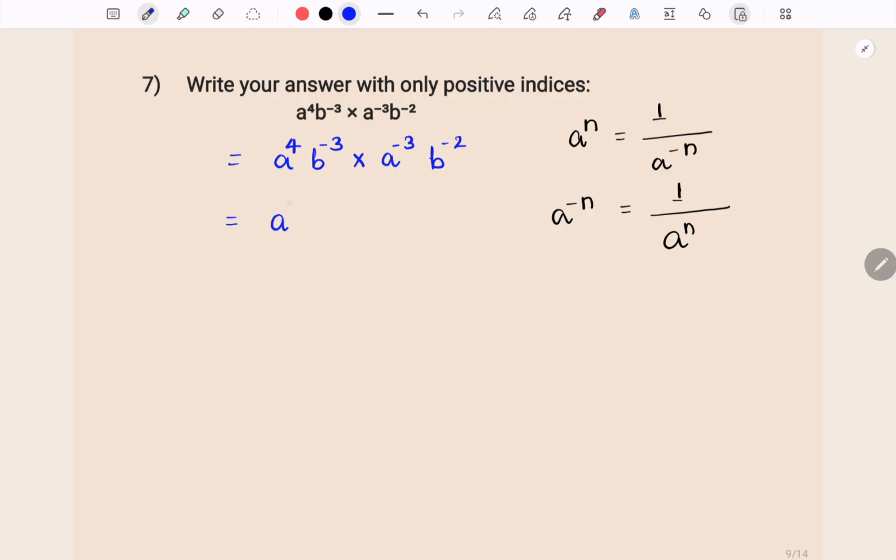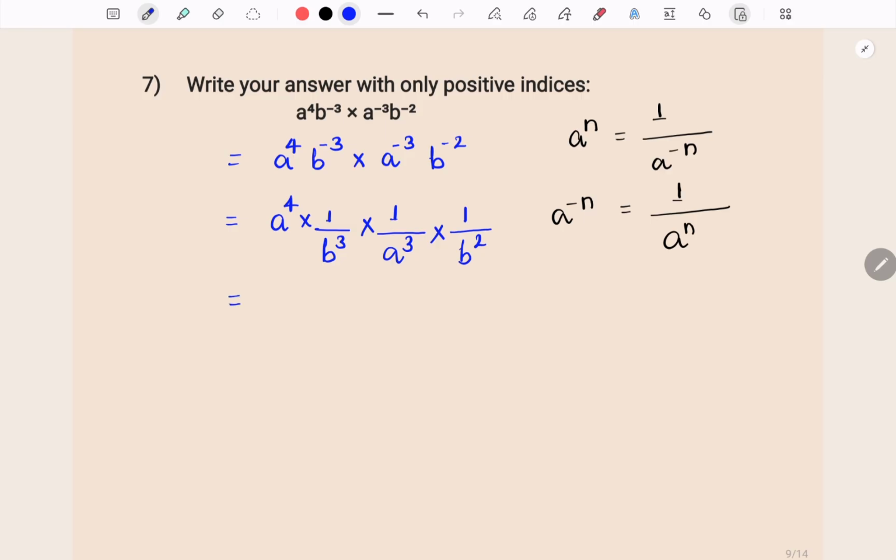It will give a raised to the power 4. Now b raised to the power negative 3 will be 1 over b raised to the power positive 3, and a raised to the power negative 3 will be 1 over a raised to the power positive 3, and b raised to the power negative 2 will be 1 over b raised to the power positive 2.